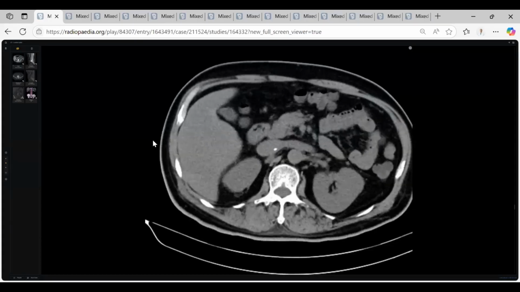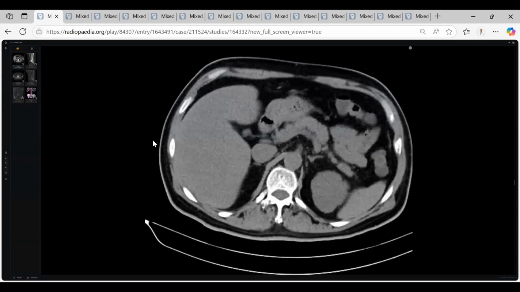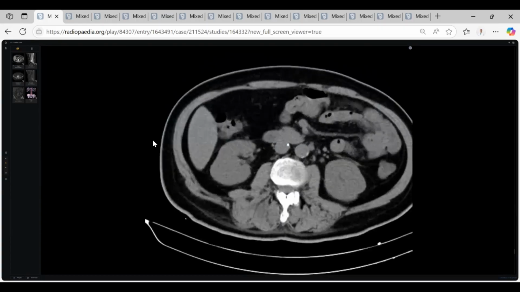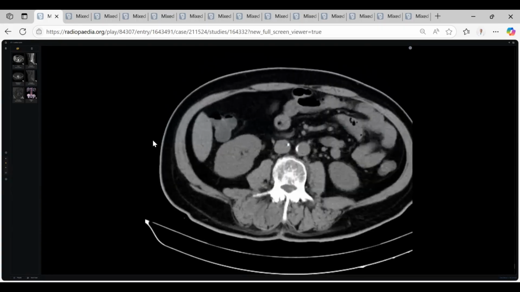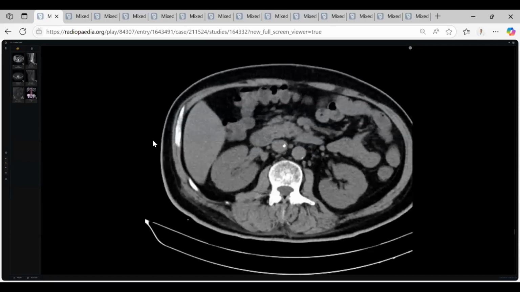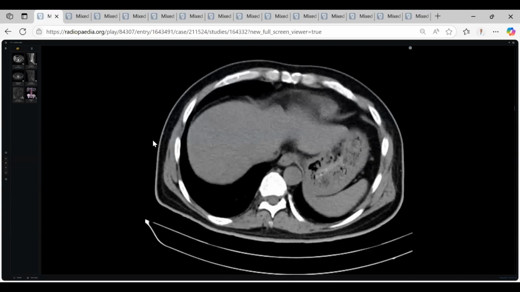I can appreciate there's some vascular calcification. There's a line within the IVC. There is a reduced density noted within the IVC as well as the wall of the aorta. What else?